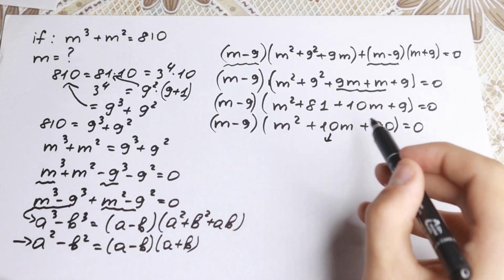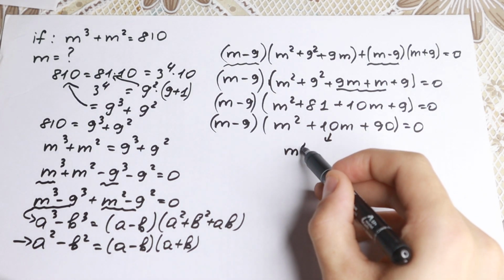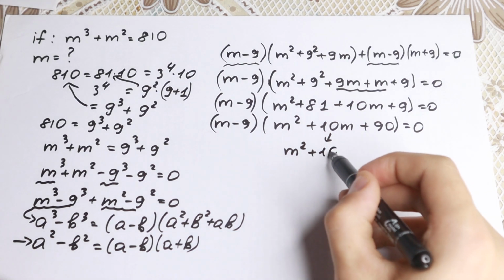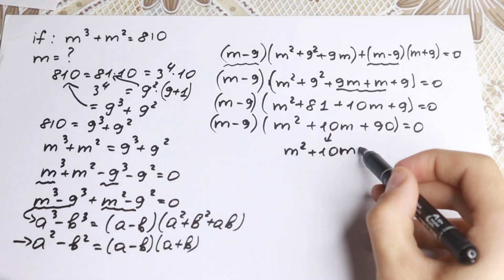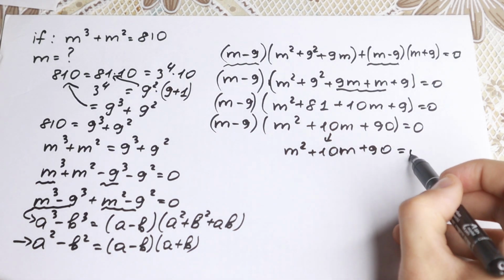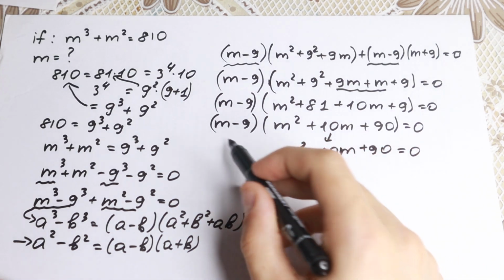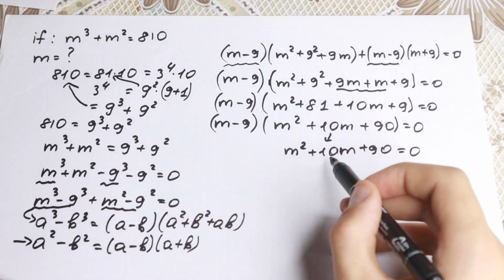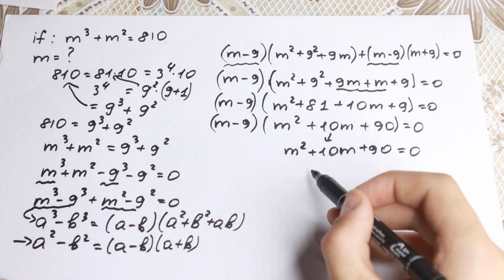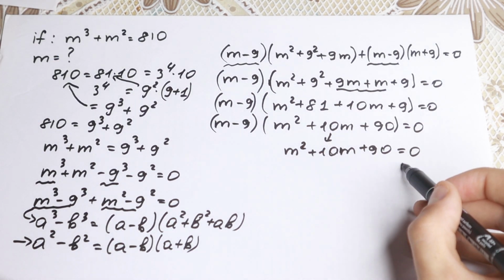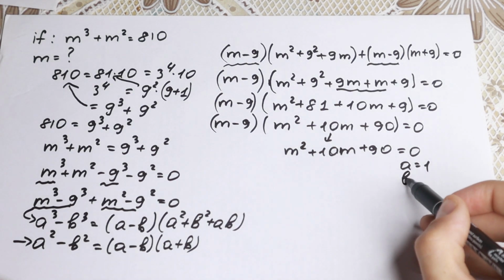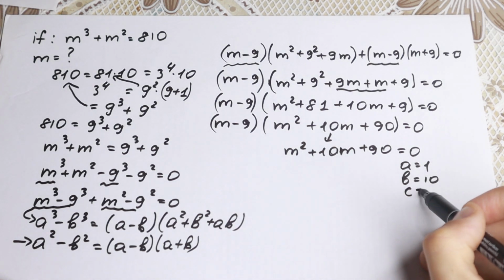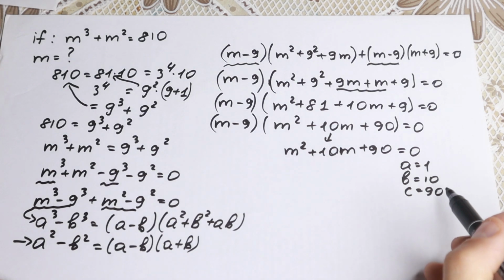First of all, let's solve this quadratic equation, m² + 10m + 90 equal to 0. Let's start with this one, because this is very easy. We know the coefficients a, b, c right away: a equals 1, b equals 10, and c equals 90.